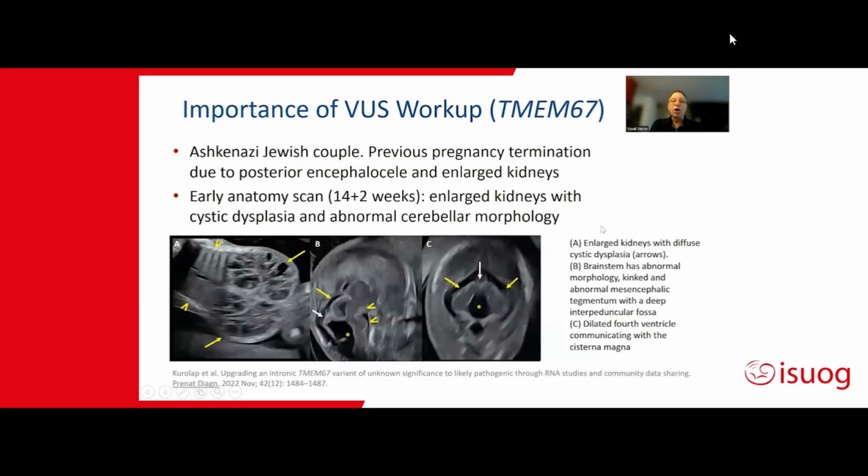So I'd like to talk a little bit about the importance that we find in the workup of variants of unclear significance. When you do whole exome sequencing, you often find more than 100,000 different variants. So you have to analyze them according to specific guidelines, usually the American College of Medical Genetics guidelines.